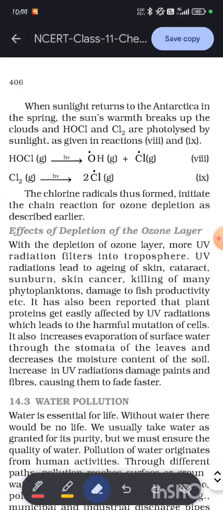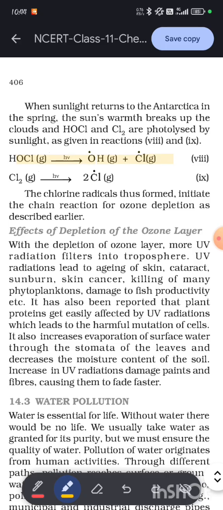When sunlight returns to Antarctica in the spring, the sun's warmth breaks up the clouds, and HOCl and Cl2 are photolyzed by sunlight as given in the reactions.